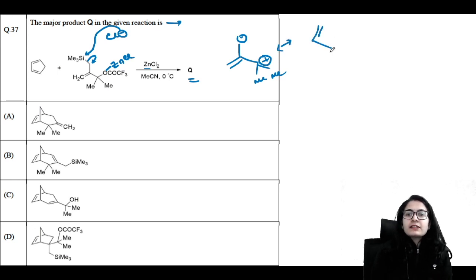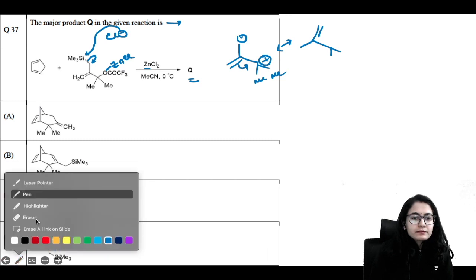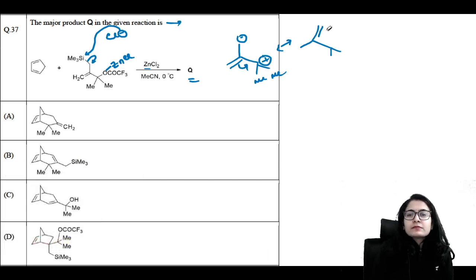It can be considered as an allylic system like this. All right, let's say if you just do this resonance over here. All right, just one second. If you just write resonating structures in this way, this can be considered as an allylic system.